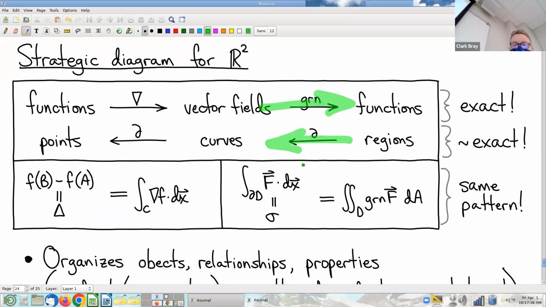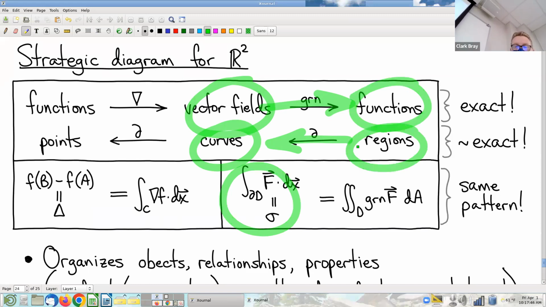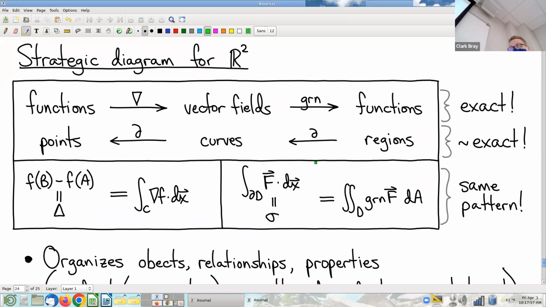Green's operator, boundary: the line integral of the vector field along the boundary curve is the same as the double integral of Green's operator over the original region. Equal. Exact same pattern on this diagram. So it's really no coincidence that this pattern holds, because really it's all the same theorem, and this diagram is just, like I like to call it, a shadow of the real actual mathematical object that we use to describe and prove the big all-encompassing theorem.